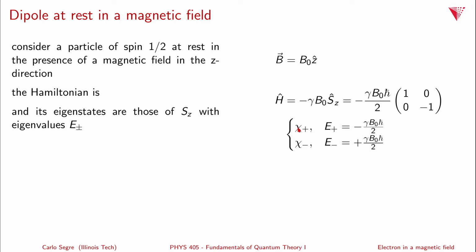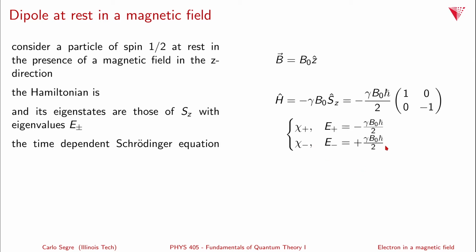The dipole moment is aligned in the same direction as the magnetic field. And then you have the spin down, which gives you E minus, whose energy is plus gamma B sub 0 h bar over 2. So when you have the magnetic dipole aligned along the magnetic field, your energy is lowered. When the magnetic dipole is aligned opposite to the magnetic field, the energy is raised.